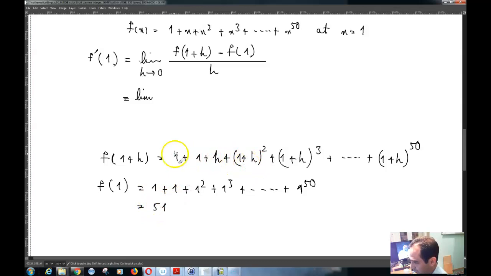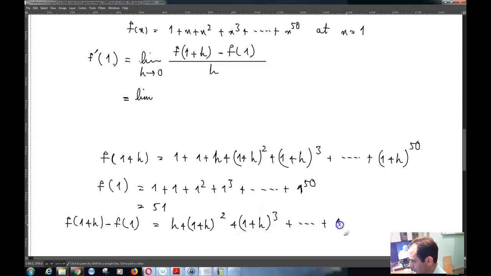So f of 1 plus h minus f of 1 is going to be equal to basically all of these terms: h plus 1 plus h squared plus 1 plus h cubed, all the way up to 1 plus h raised to the power 50. And then you have a 2 over here and a negative 51 over here. Negative 51 plus 2 is equal to negative 49.